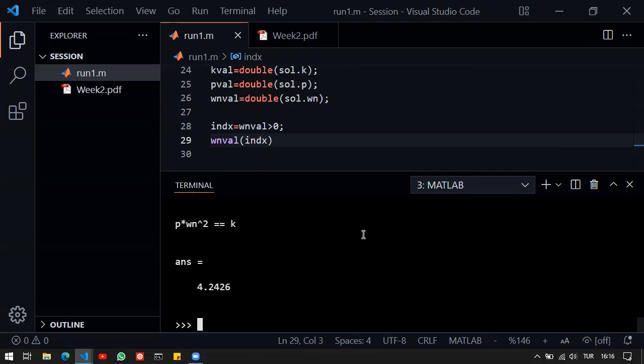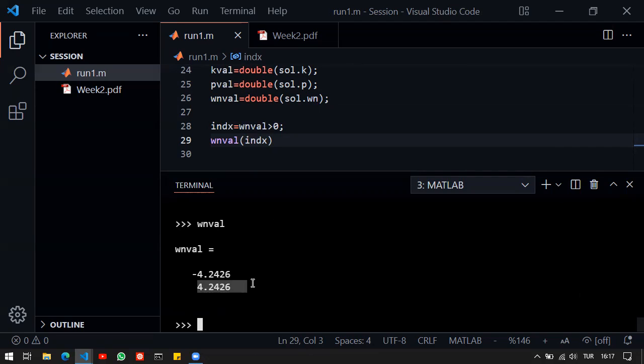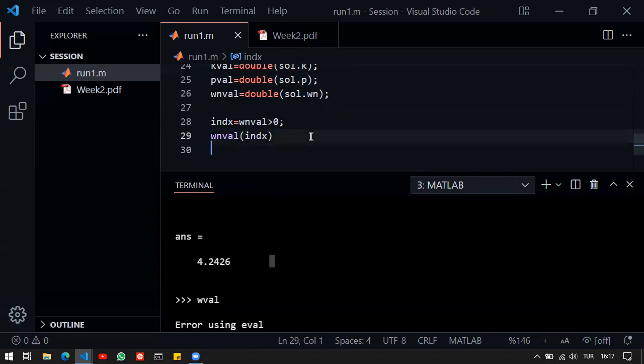There we go. Now, before that, I had two values. This is a vector. I eliminate based on the positiveness of the value. So therefore, I got the positive value here. I can apply this index to all of them to get rid of all the unnecessary results here.